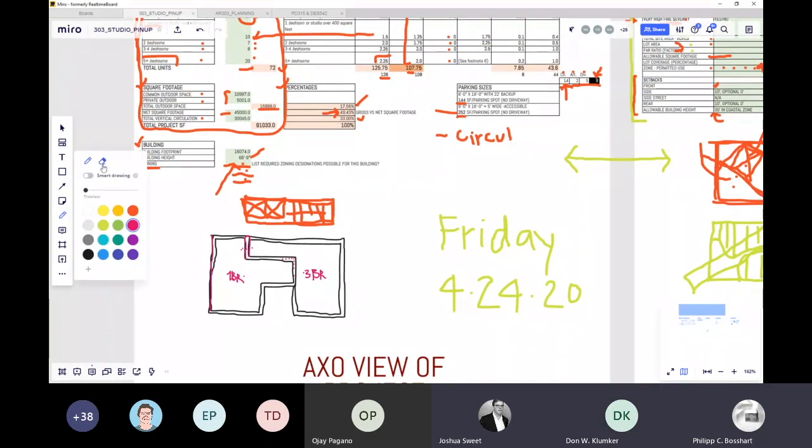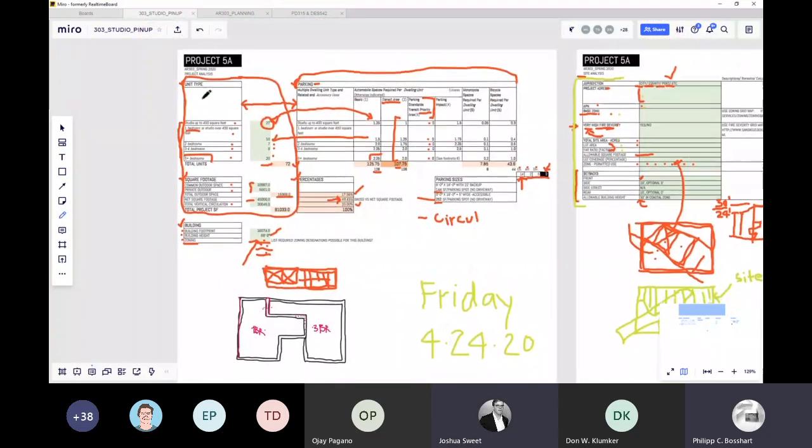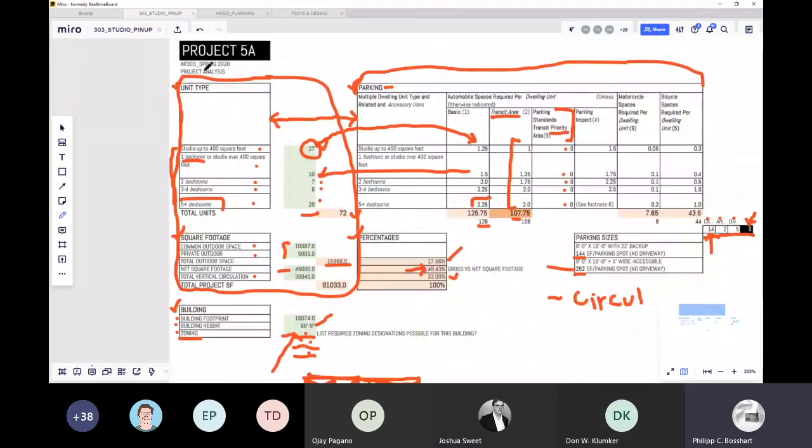I'm happy to take a stab at that question. I think it's a good one, but I'm going to go back to the intent of this particular exercise. This is an analysis of your project, right?